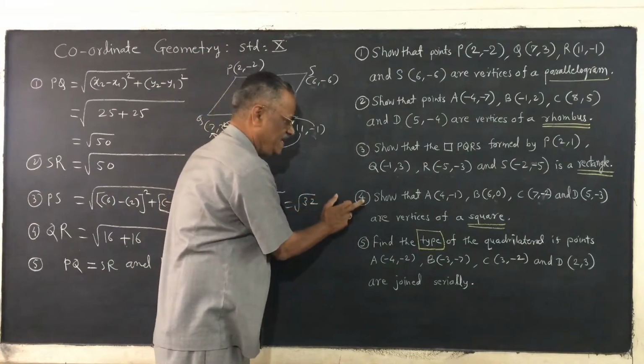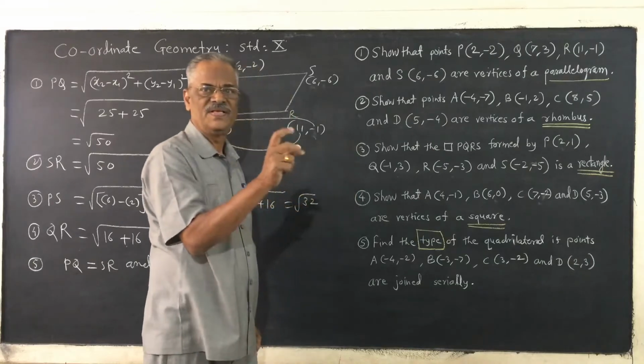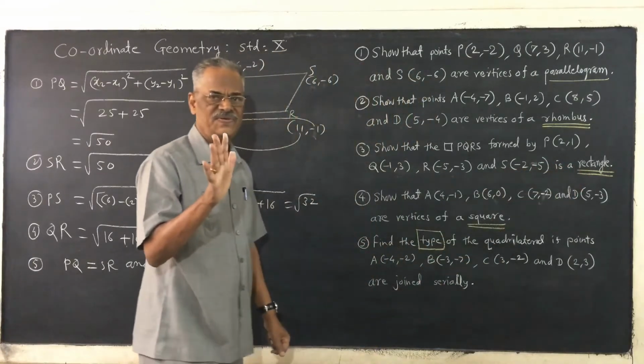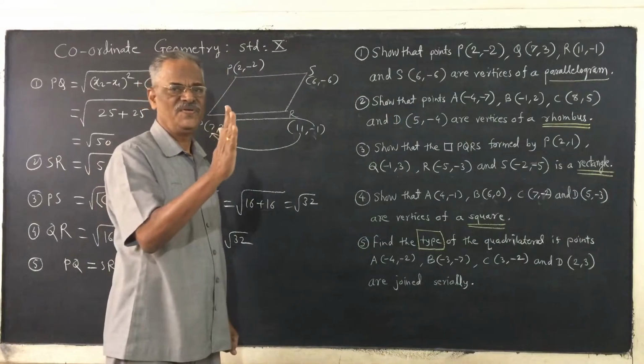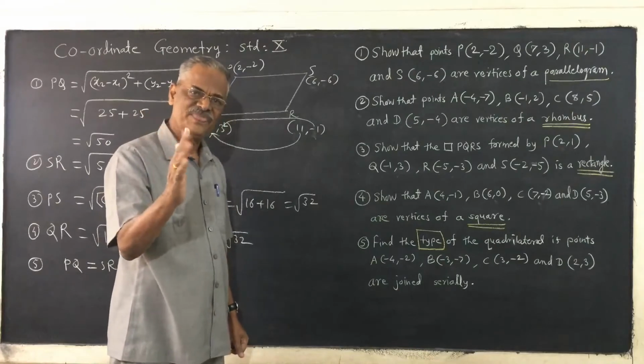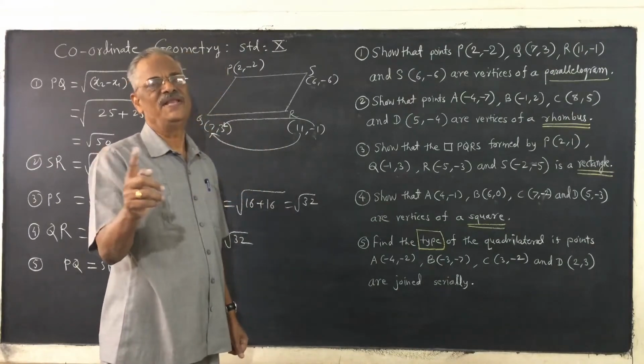Then in the third one, you are going to prove that it is a rectangle. So again, find out the property of a rectangle: opposite sides are equal and diagonals are equal.